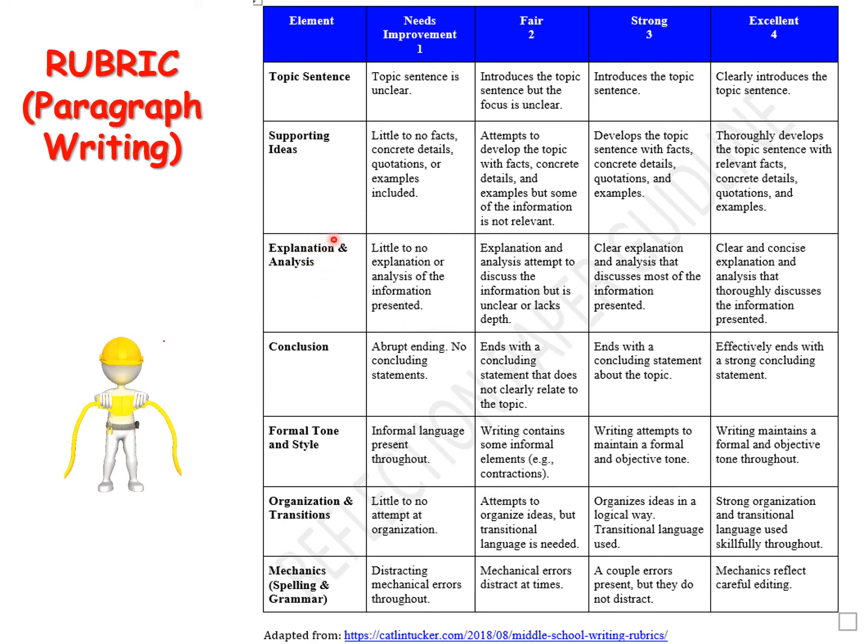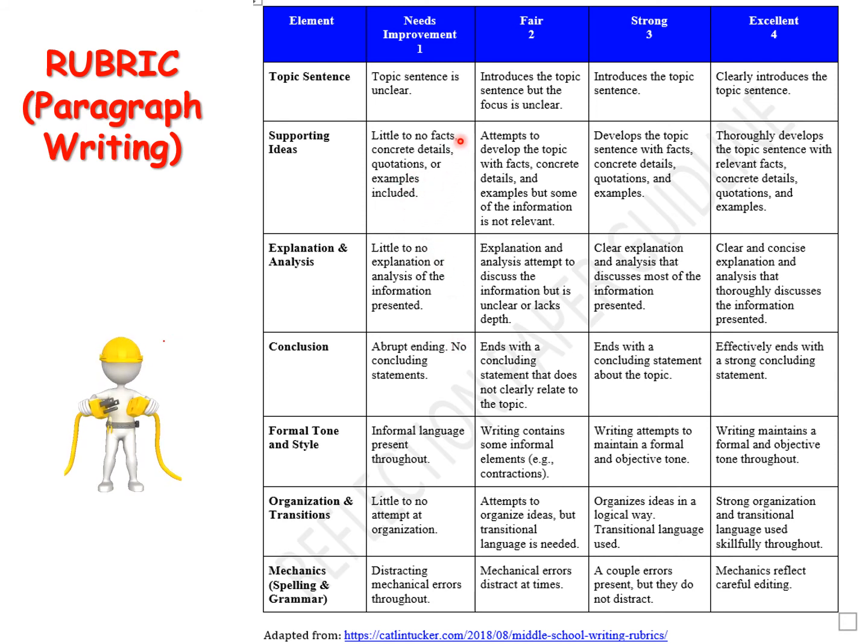So all of these things are explanations or descriptions here, so you can go and see and you will understand what things I'm going to give you marks or scores for. Your score or your mark will be based on this. For example, supporting ideas: little to no facts, concrete details, quotations or examples included.